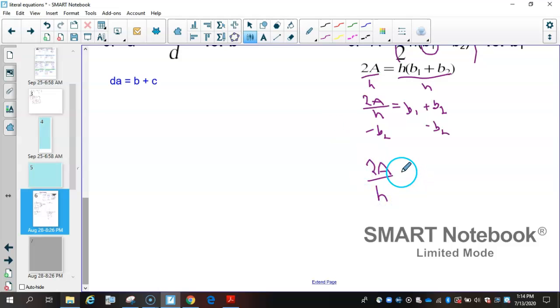There we go, that's better. And that entire fraction subtracted by b2. Another way to name these or call these is b sub 2, because this is really a subscript. B sub 2. So you could say that equals b sub 1.